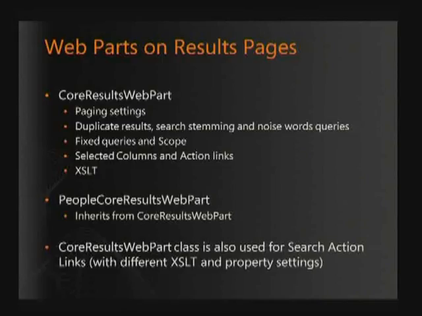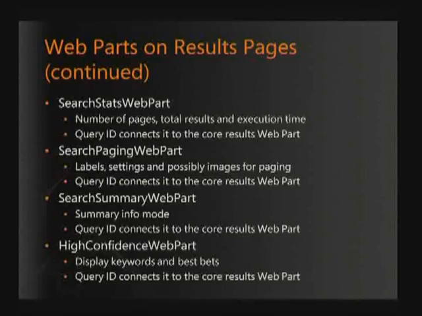What you need to do is add your managed properties to the selected columns property of your core results web part to make this happen. And then there's also the XSLT. One of the cool things now is that you have control over the XSLT, and you can replace the XSLT with whatever you want. You have to respect certain rules, but for the rest, you can optimize the way things are being displayed. And then you have a couple of others that are also possibly added to the pages.